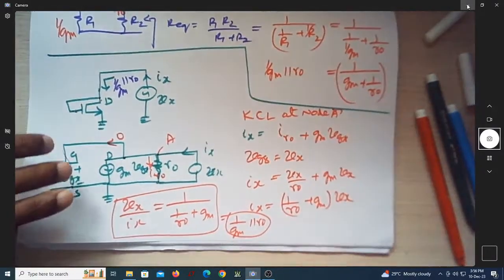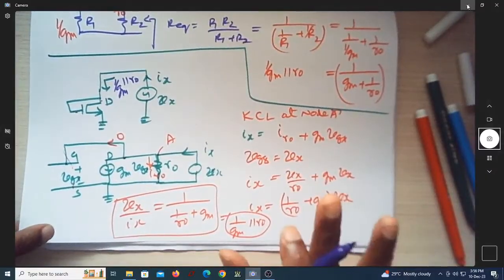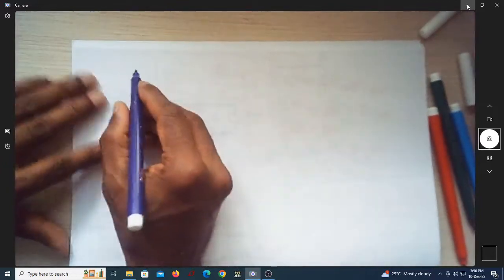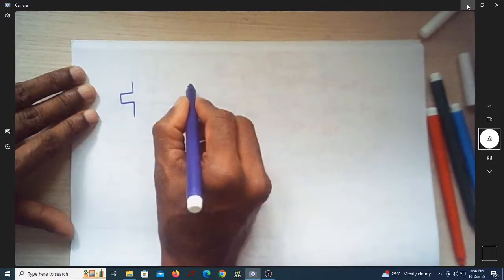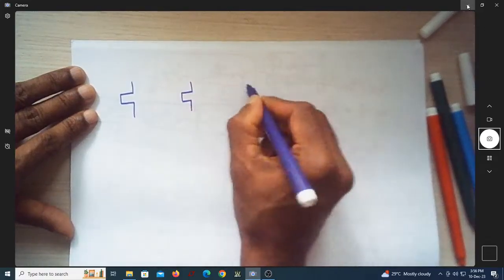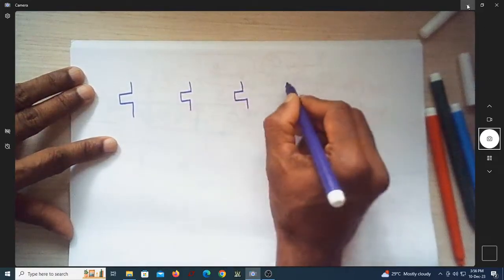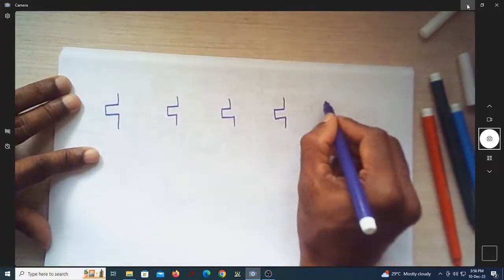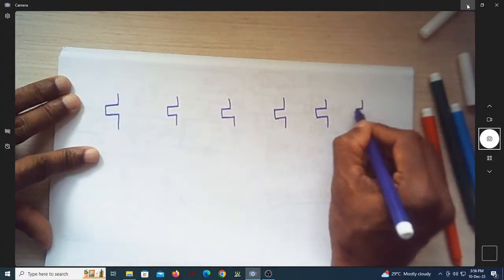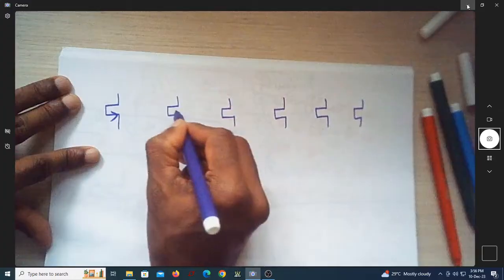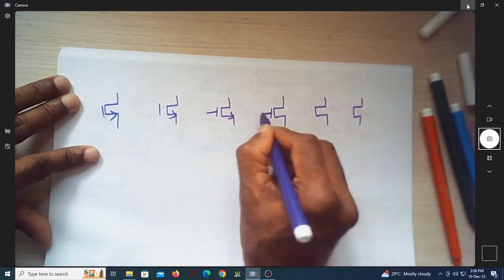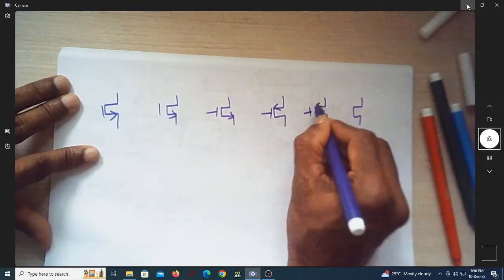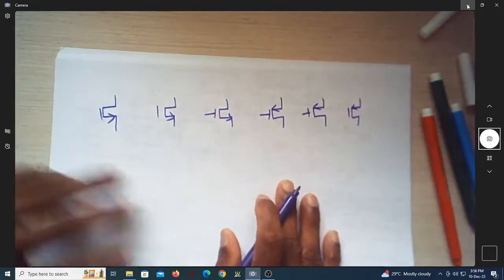So we have seen three different categories. Let us summarize this. In a particular circuit, let us write all 6 combinations of NMOS and PMOS transistor. This is NMOS, NMOS, NMOS. This is now PMOS, PMOS, PMOS.